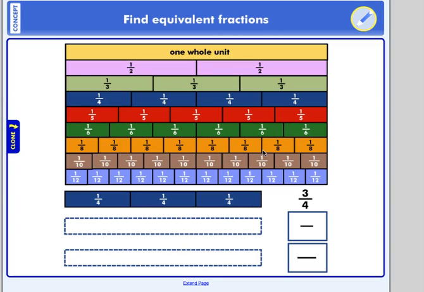And how many eighths would that be? 1, 2, 3, 4, 5, 6 eighths. And the twelfths line up at this line. How many twelfths would that be? 1, 2, 3, 4, 5, 6, 7, 8, 9. 9 twelfths. So we can say that 3/4 is equivalent to 6 eighths and 9 twelfths.